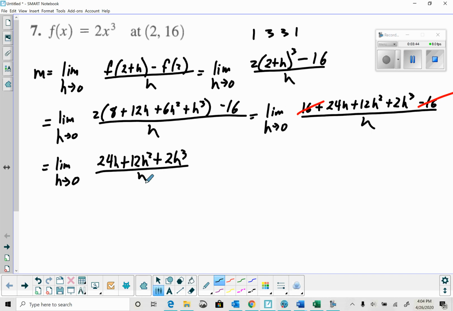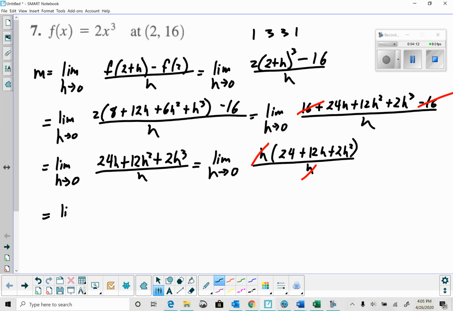And again, in our numerator, every single term has h as a factor, so I will factor that out. So I'll leave us with h times the quantity 24 plus 12h plus 2h squared, all over h. Reduce that down. So this becomes the limit as h approaches 0 of 24 plus 12h plus 2h squared.